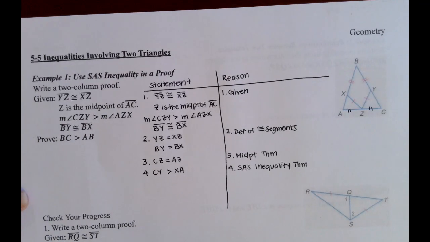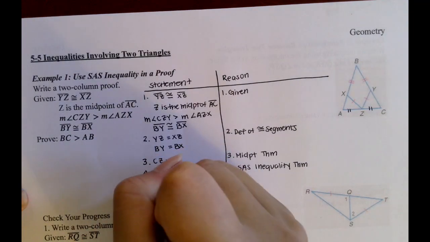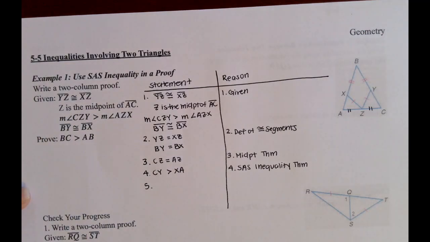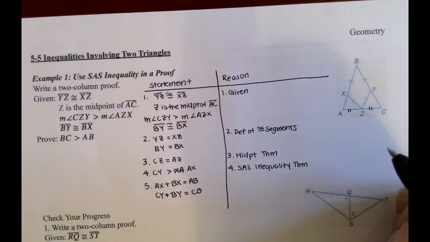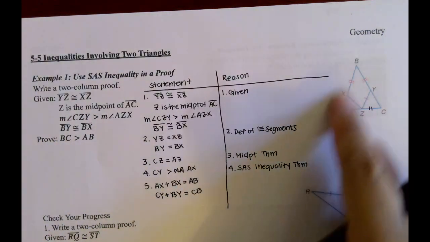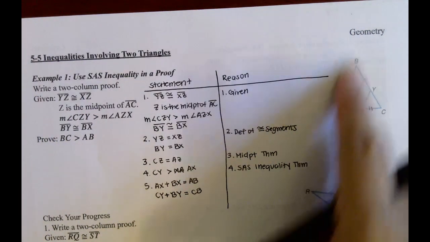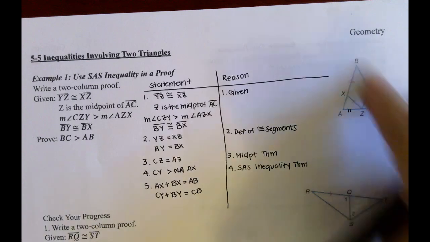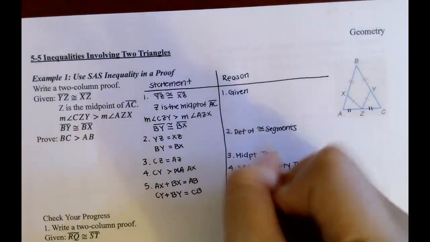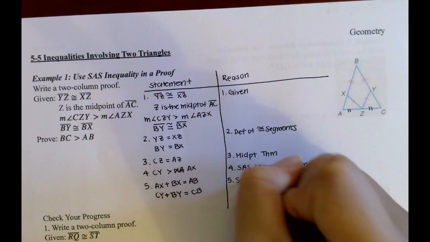Then I'm going to do my segment addition postulate. AX plus BX is AB, and CY plus BY is CB. This is the segment addition postulate.